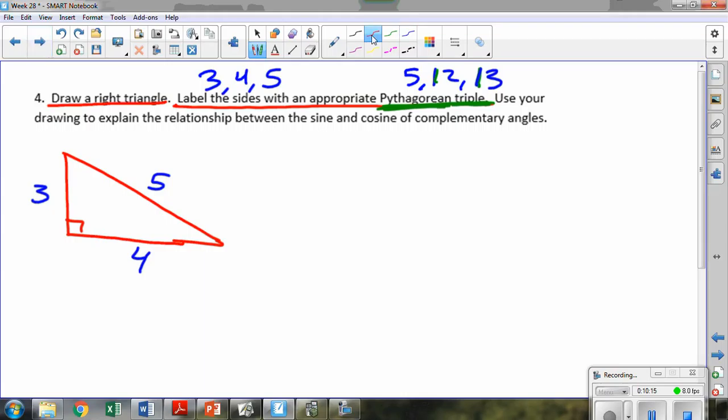Okay, let's start with the next piece, because the directions now say explain the relationship. We've already said the sine of an angle equals the cosine of its complement.